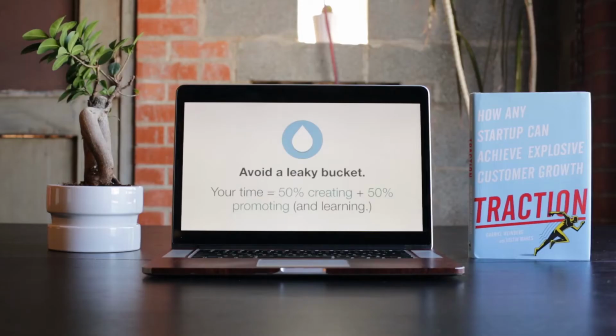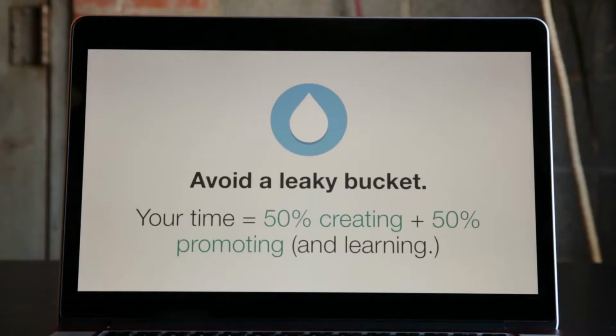The other thing you want to keep in mind is to avoid waiting to talk to customers. Ideally, you should spend 50% of your time creating your thing, building your business, working on your app, whatever that is, and 50% of your time actually talking to customers and getting feedback.